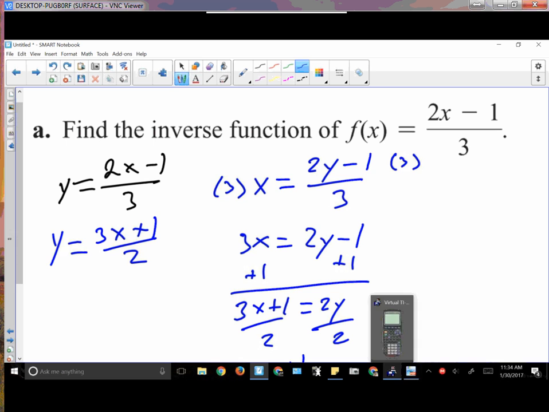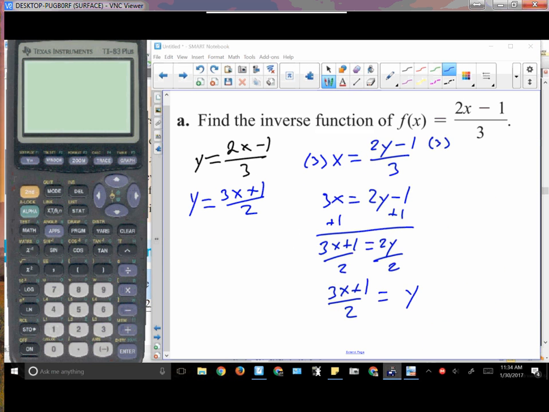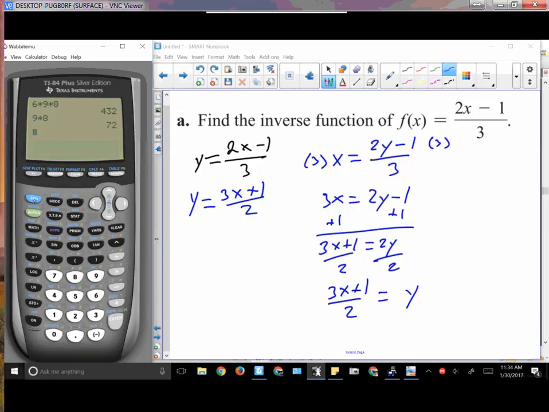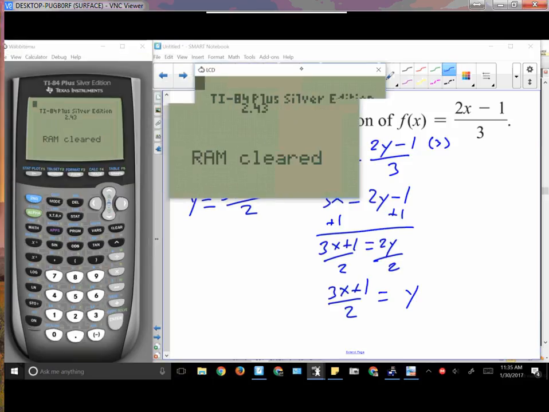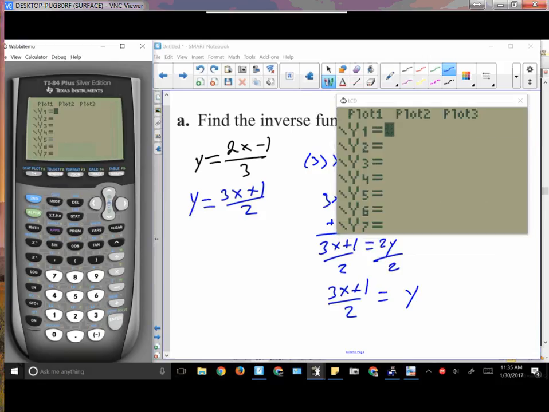So, we're going to graph them. Let's see what we come up with here. So, bring this one out. Okay. Y is equal to, now I'm going to tell you this, and I've mentioned it before.